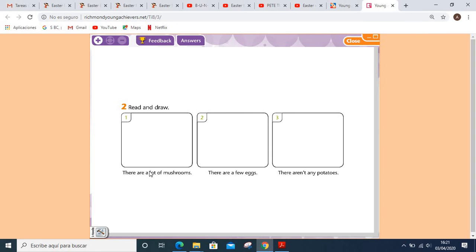So a lot of, you know the meaning of a lot of. Okay. There are a few eggs. It means that there are eggs, but not much. Okay, not too much. And there aren't any potatoes. No potatoes, yes? So you have to draw.